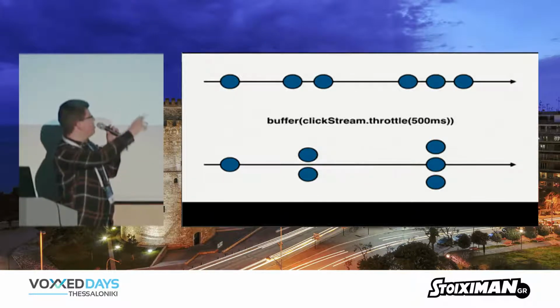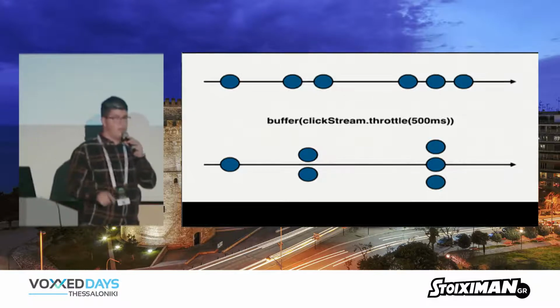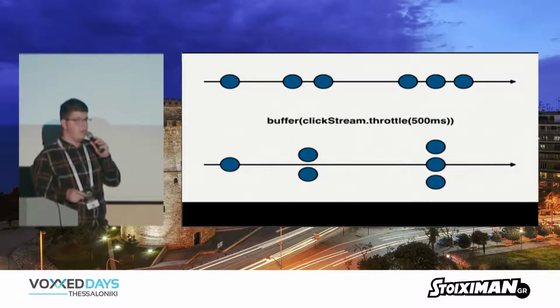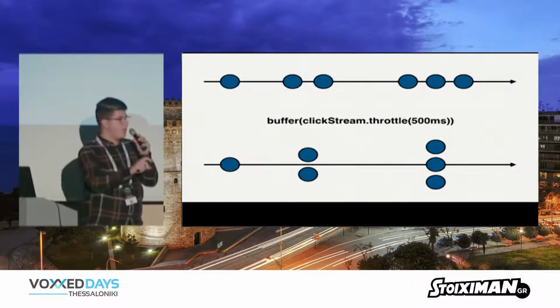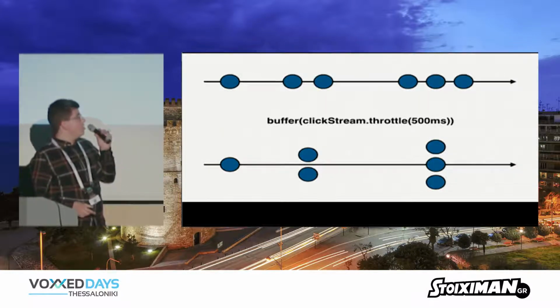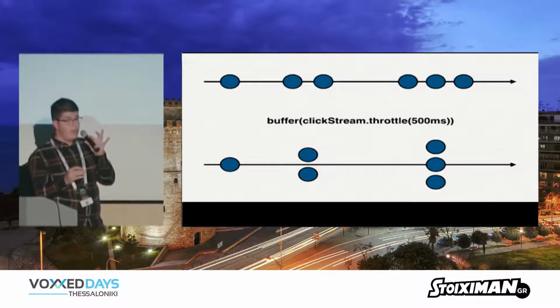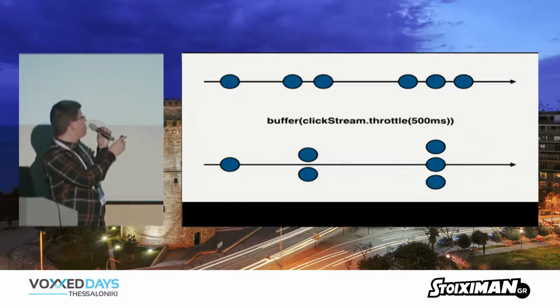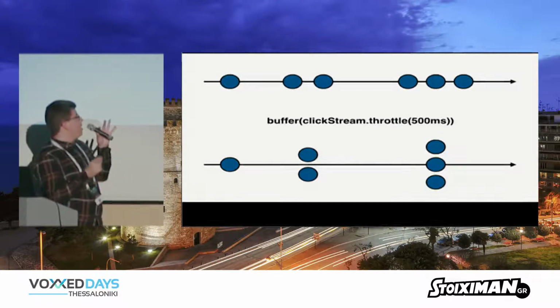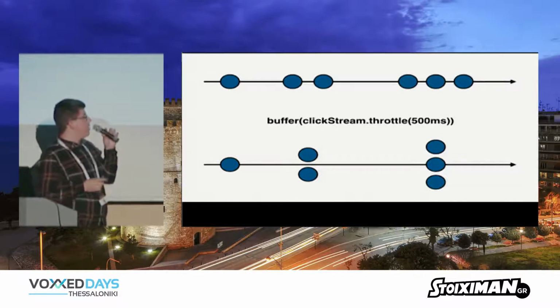Here we have one stream of clicks. Imagine the user clicks the mouse 3 times, then waits, for example, a second, clicks 2 more times, waits for a second, and clicks only once. Let's see how we can transform that data and create some new streams. Right now, we're going to group the stream by time.